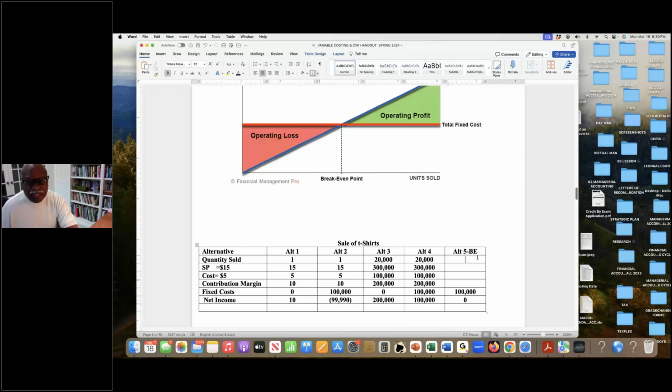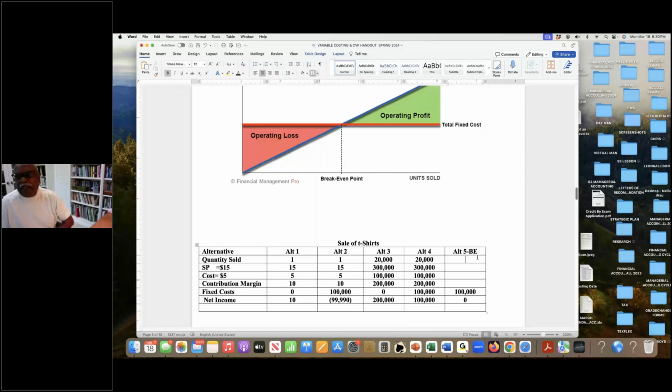Any questions? So begin the calculation. Come up with a quantity that's going to produce a net income of 0.